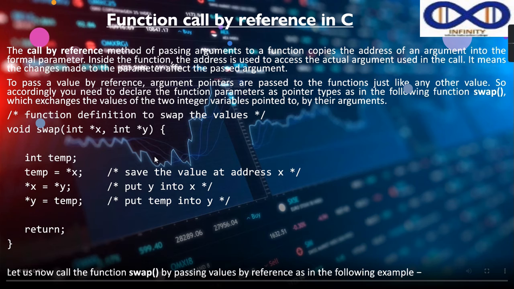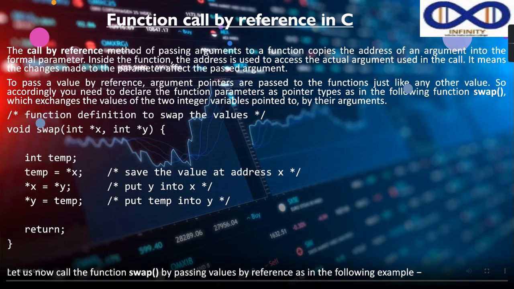Pointers are passed to the function just like any other value. So accordingly, you need to declare the function parameters as pointer types, as in the following function swap, which exchanges the values of the two integer variables pointed to by their arguments.